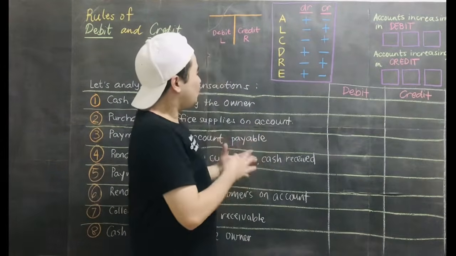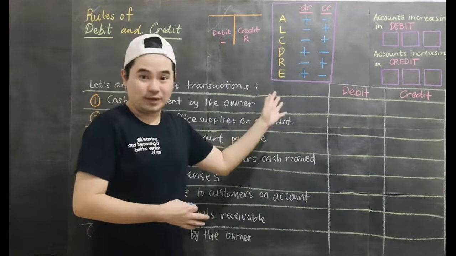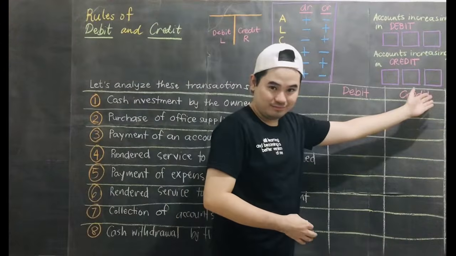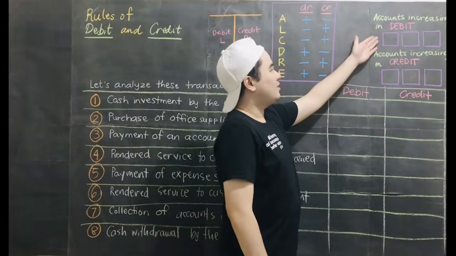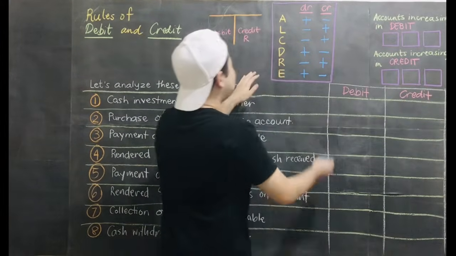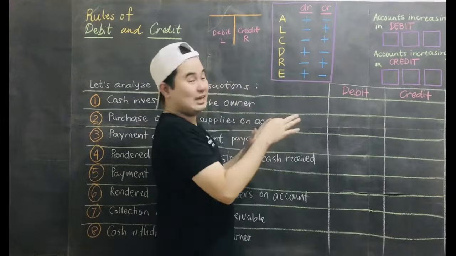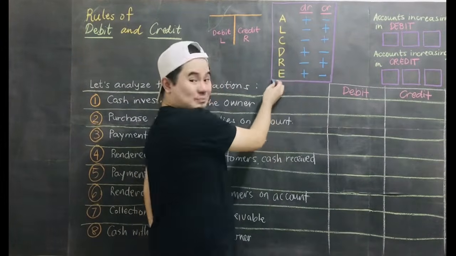Now, if you don't want to memorize the rules of debit and credit that way, we can use it this way. What are the accounts that are increasing in the debit side? Asset, drawing, and expenses.